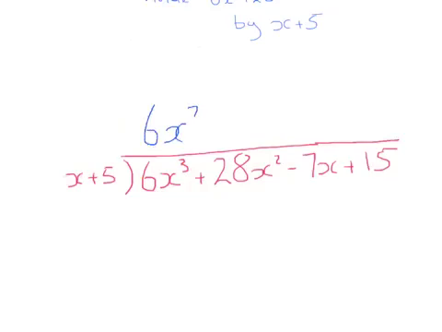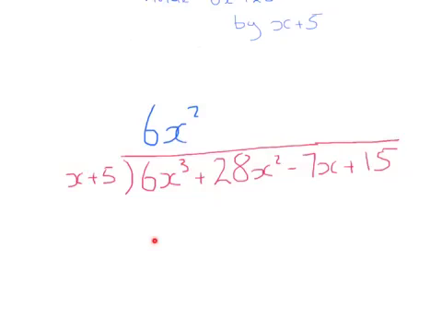Now I need to take my 6x squared and multiply it by the divisor, to check that the division is correct. Take your 6x squared, multiply it by x. That gives me 6x cubed.